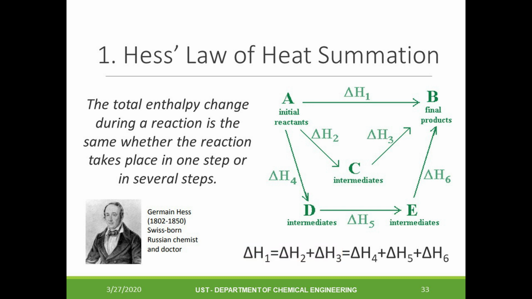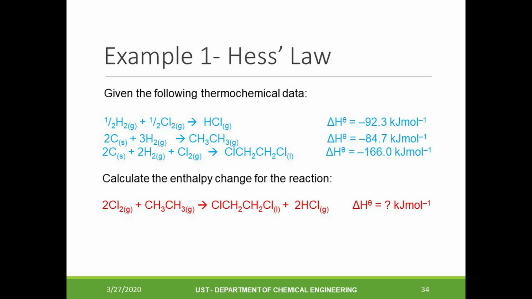We can also consider another pathway involving two intermediates, D and E, with each step having a corresponding delta H. So in this case, delta H1 is equal to delta H4 plus delta H5 plus delta H6. In general, there is no limit in the complexity of the Hess law cycle as long as A and B are constant.